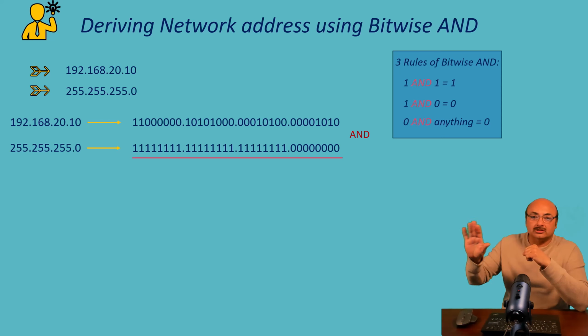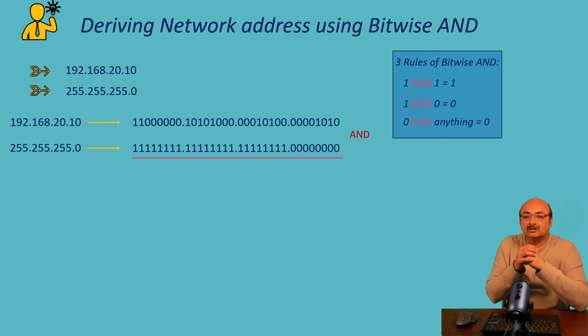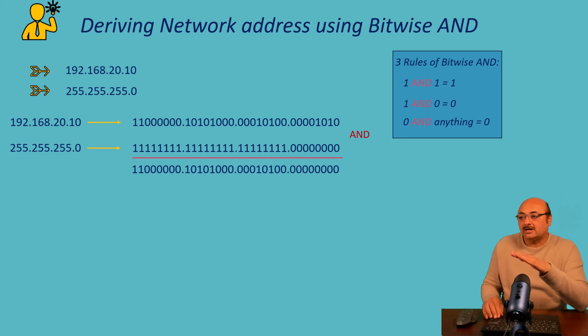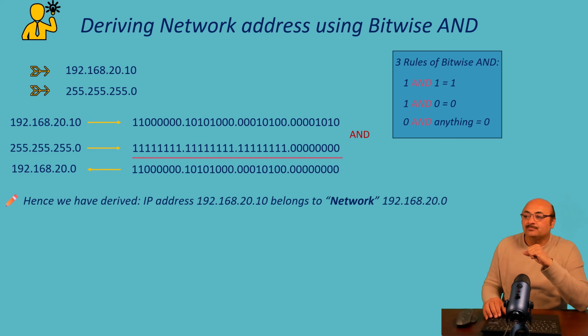And the rules are the same: 1 and 1 gives me 1, 1 and 0 gives me 0, and 0 and anything is 0. And get the result. And now that I have the binary result, I will convert it back to the decimal format. And this is what I get: 192.168.20.0. So I can say that the 192.168.20.10 IP address belongs to the network 192.168.20.0.